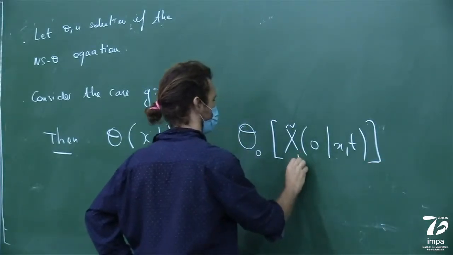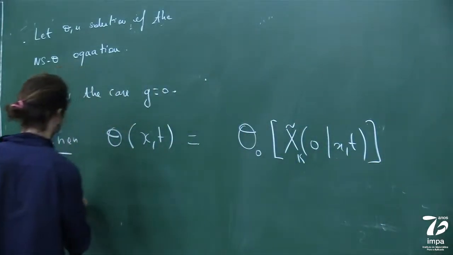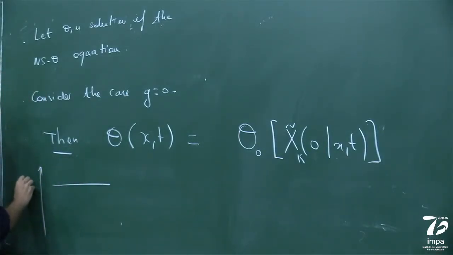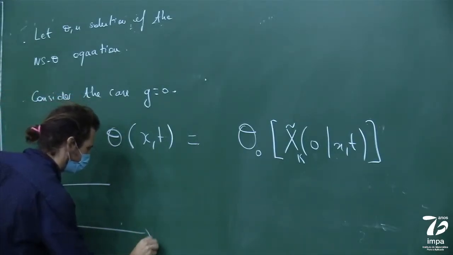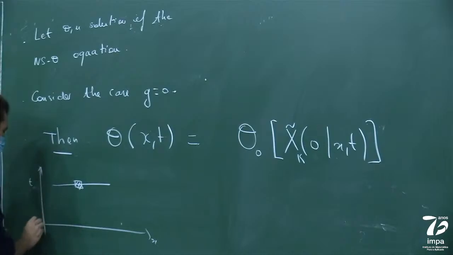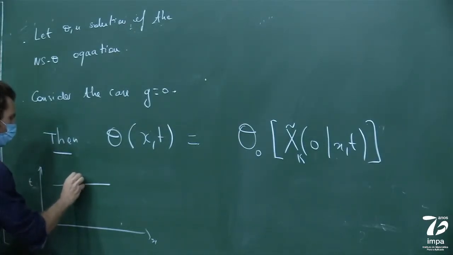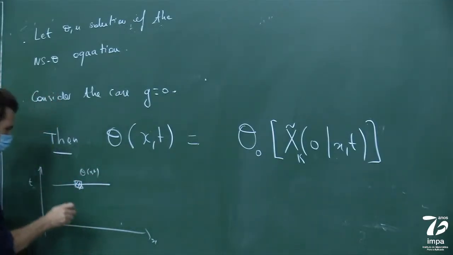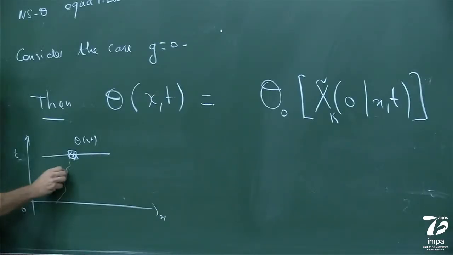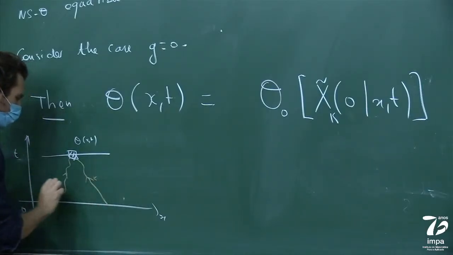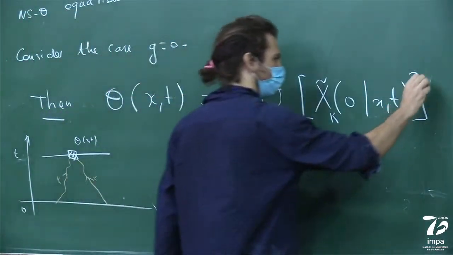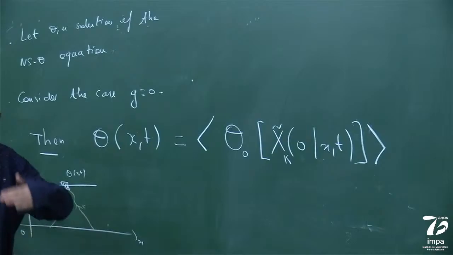Here is time, here is x, here is 0. This is where we want to look. From there, you have some noisy trajectories that go here, simply averaged over the noise.